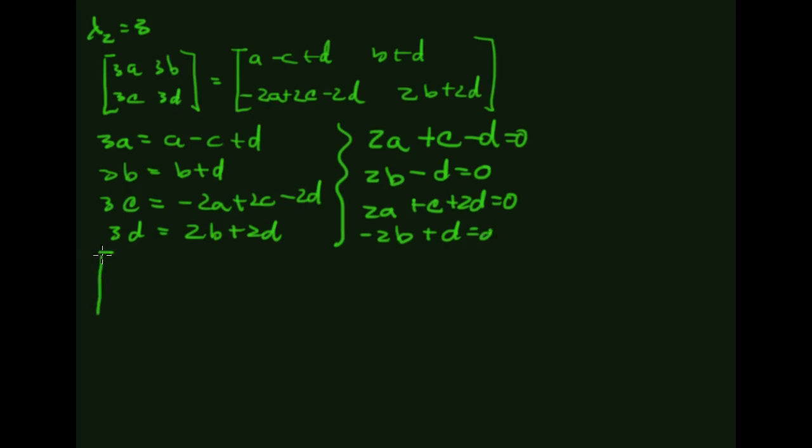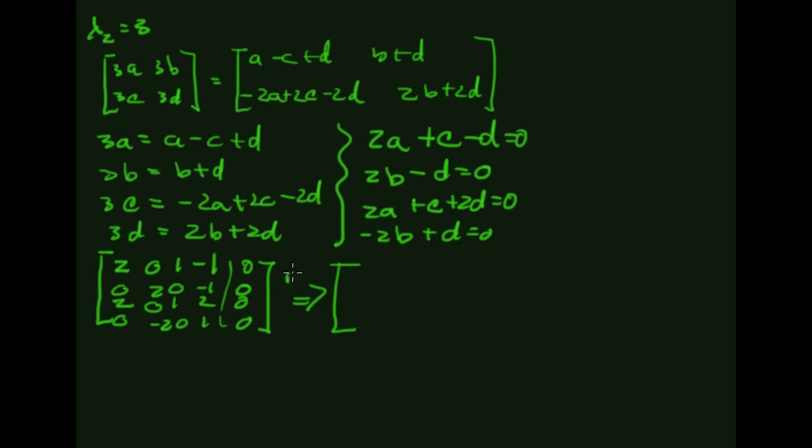So the augmented matrix there is going to be 2, 0, 1, negative 1, 0, 0, 2, 0, negative 1, 0, 2, 0, 1, 2, 0, 0, negative 2, 0, 1, 0. We do Gauss-Jordan here, and we end up with 1, 0, 1 half, 0, 0, 1, 0, 0, 0, 0, 0, 0, 1, 0, and then a bunch of zeros, right?